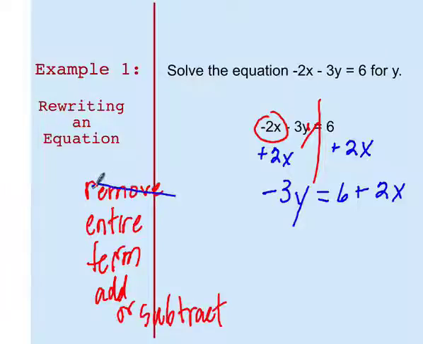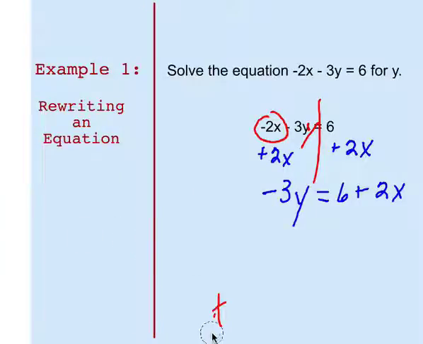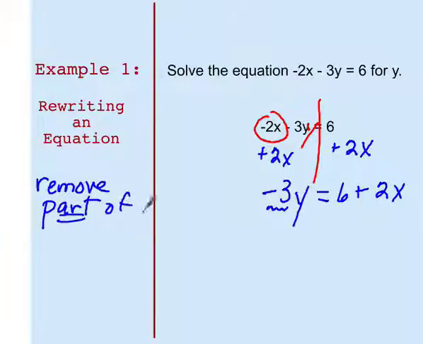My second step then to get y by itself is to remove the coefficient, negative 3y. So if you want to just remove part of a term, which is called the coefficient, you multiply or divide.